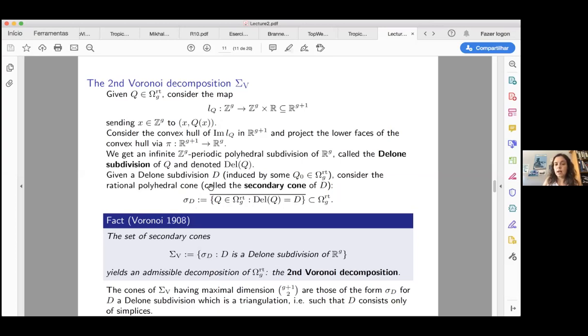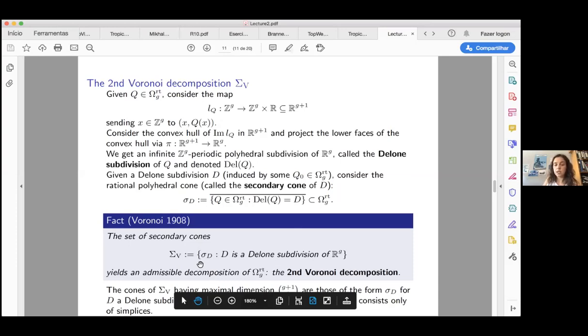So given the Delone subdivision D, we denote with sigma(D) the set of quadratic forms in Omega^g rational which define the same Delone subdivision of R^g as D. And if we close it up inside Omega^g rational, then we have a well-defined rational polyhedral cone, which is called the secondary cone of D. And again, Voronoi showed that this collection of cones, sigma V, is going to define an admissible decomposition of Omega^g rational.